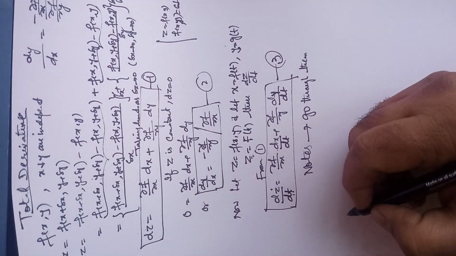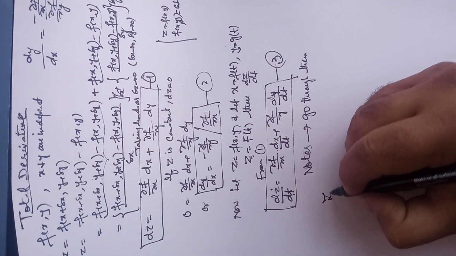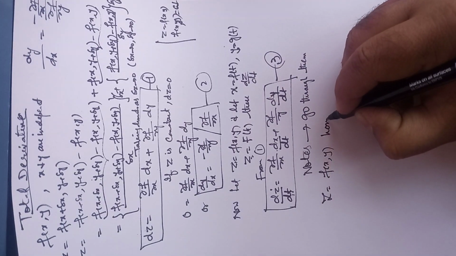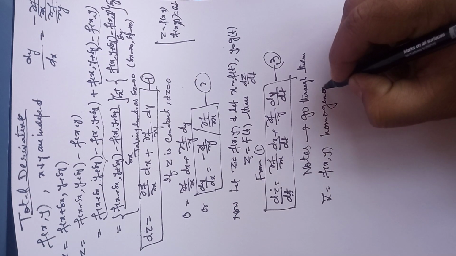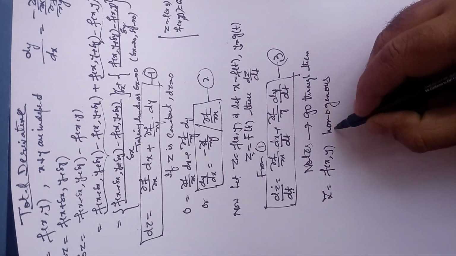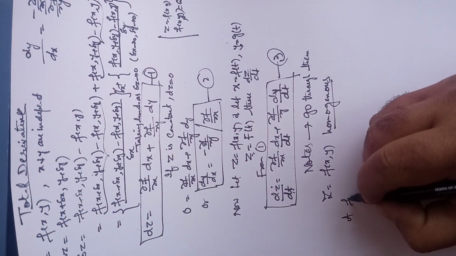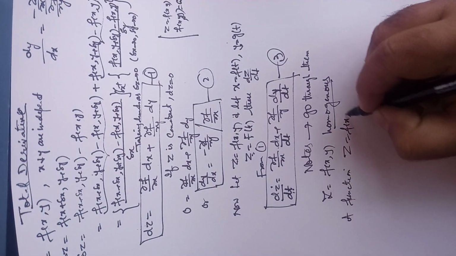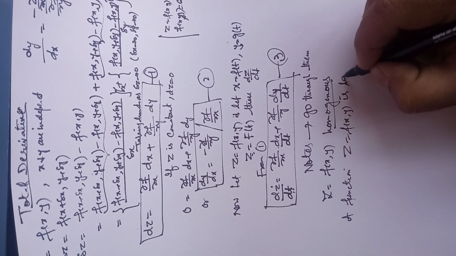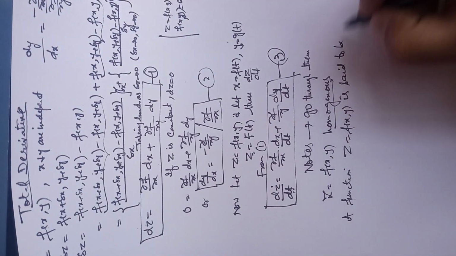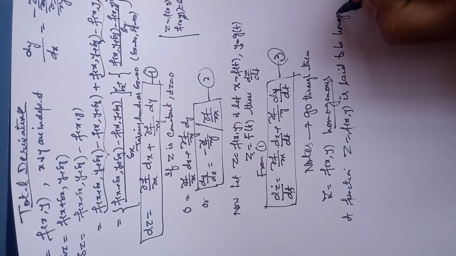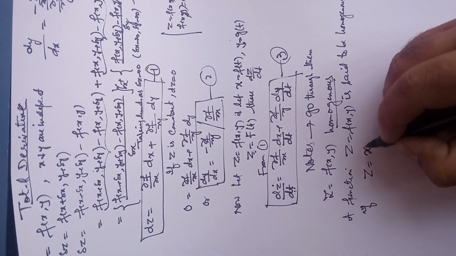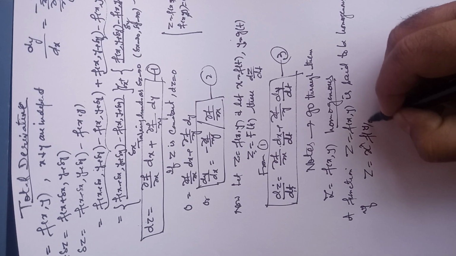Okay, now one more thing. If you have a function f(x, y) which is homogeneous. Now what is a homogeneous function? A function z equal to f(x, y), you can see the book, is said to be homogeneous if z can be written in this form, x raised to power n times a function of y by x.